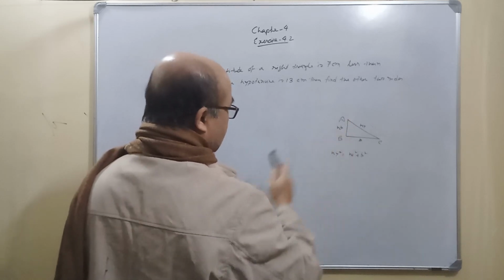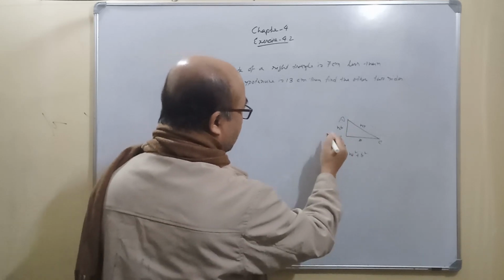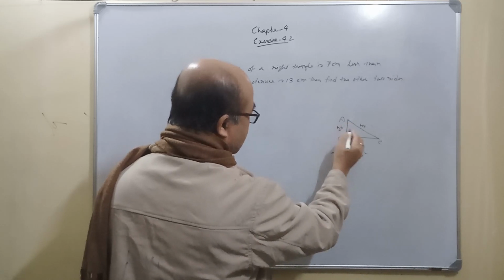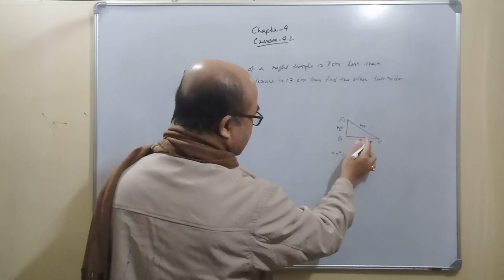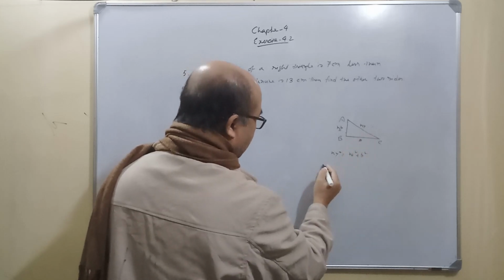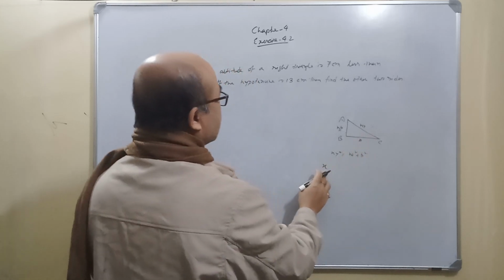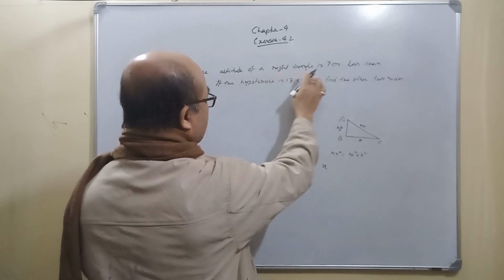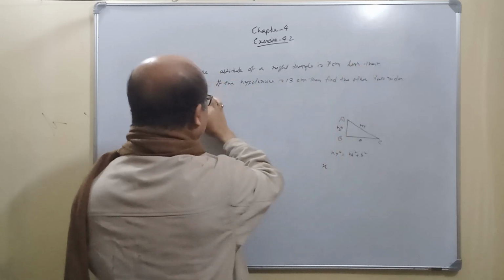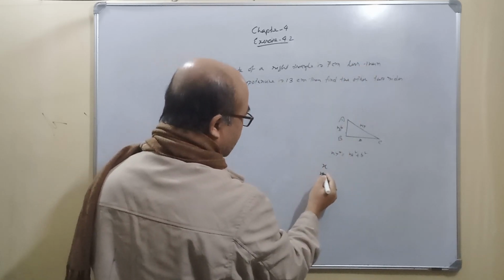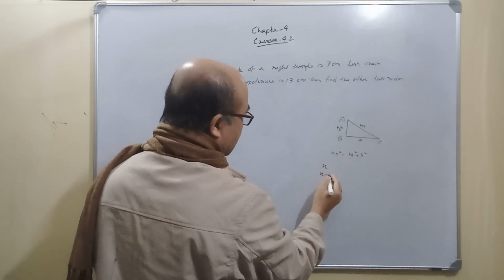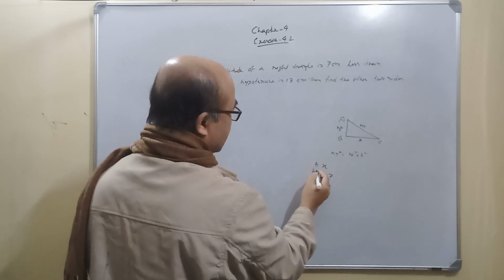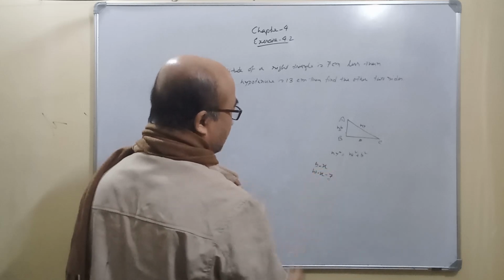Now if the base is x, then the altitude of the right triangle is 7 centimeter less than its base. So the altitude will be x minus 7.